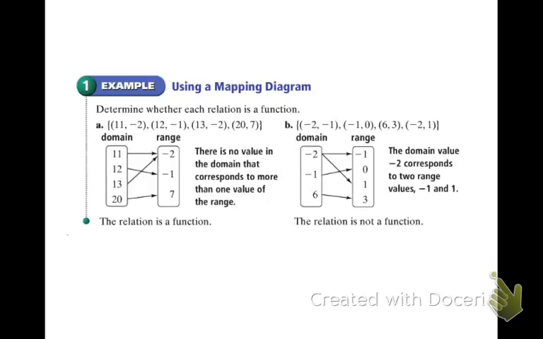There's no value in A in the domain that corresponds to more than one value in the range, and so that makes that relation a function. And for B, the domain value -2 corresponds to two range values, the -1 and the 1. So it's not a function because we could not write a mathematical rule that would have the output different. If we write a rule, the output would be the same for that particular input.